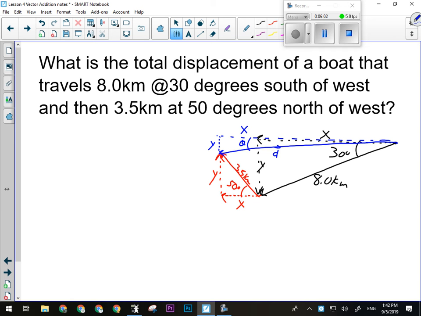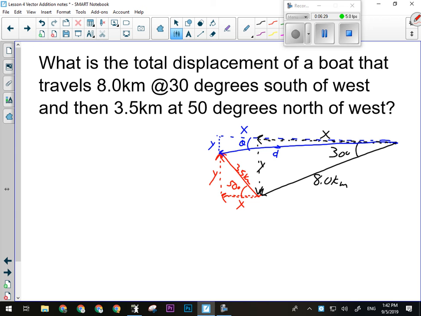If I look at this diagram, if I take black x, this line here, and add it to red x, will that give me blue x? Yes, that's vector component addition. I'm taking the x components and adding them together to get my total horizontal displacement.